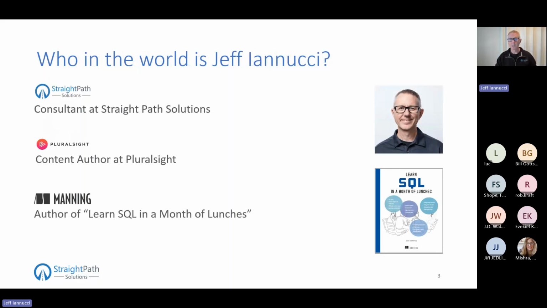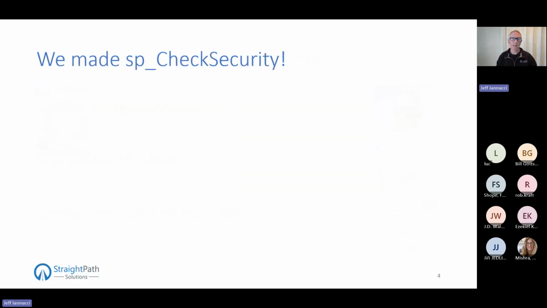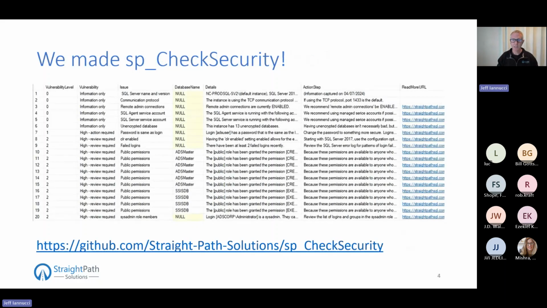One thing about this session is that we're going to talk about a lot of things. After starting to give this session and noting the scripts that are in there, if for whatever reason you don't want to run each of the individual scripts, we actually made something called SP Check Security. It's a free community tool. You don't have to enter your email or anything.